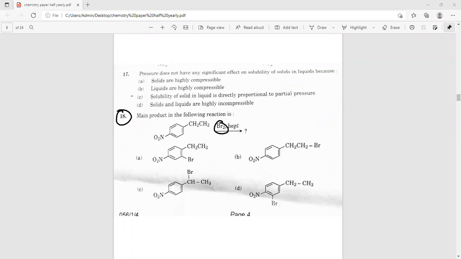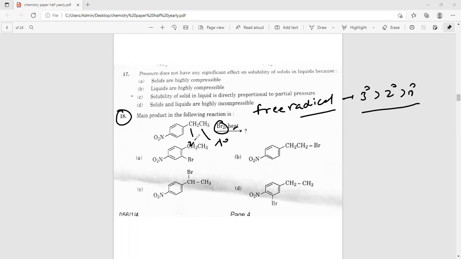Question number 18. What is the main product in the following reaction? Br2 in presence of heat or light always gives free radical, and through free radical we prefer secondary, tertiary and primary, right? And it displaces hydrogen, but which hydrogen is displaced from here? This one is primary carbon and this one is secondary carbon.